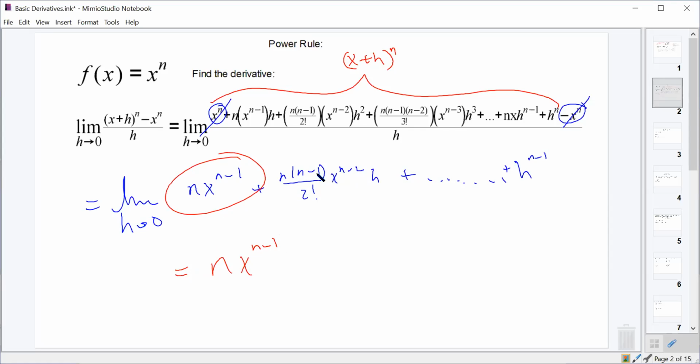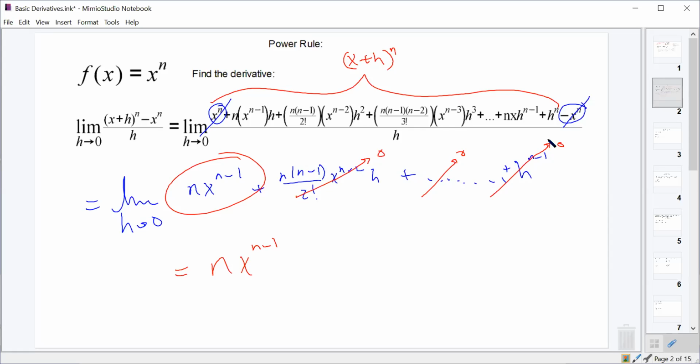It's a bunch of stuff, n times n minus 1 over 2 factorial times x to the n minus 2 times 0, which is 0. Plus the next term, which is a bunch of stuff times 0, which is 0. And all of these terms just end up being a bunch of zeros.